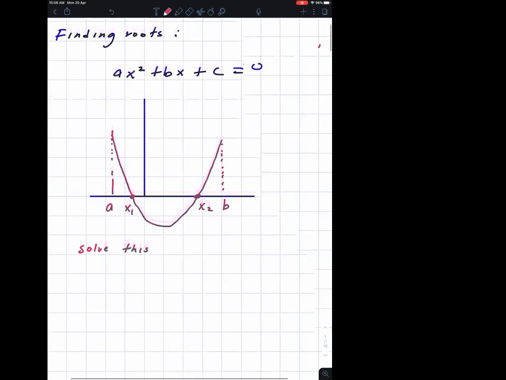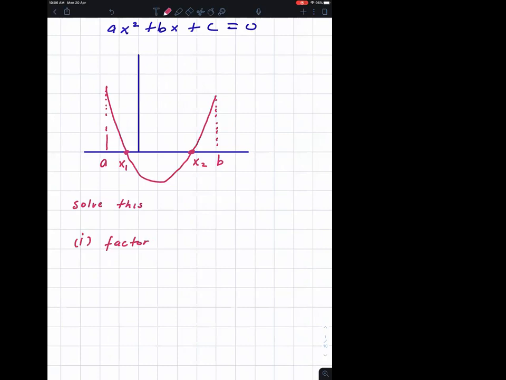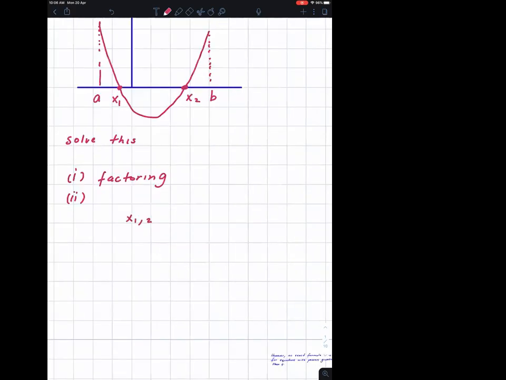You can solve this by factoring, or if you cannot factor it, you use the quadratic solution formula, B squared minus 4ac.